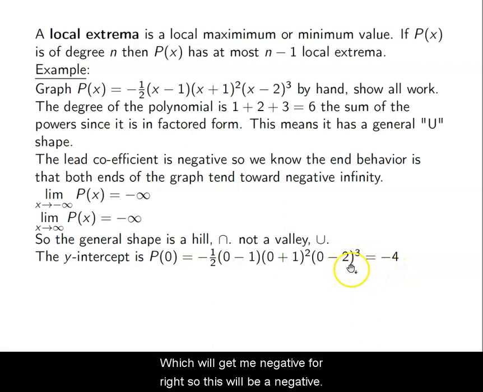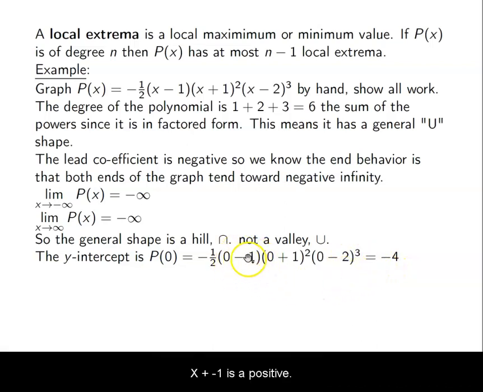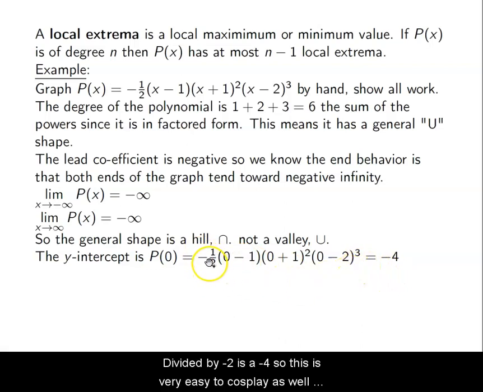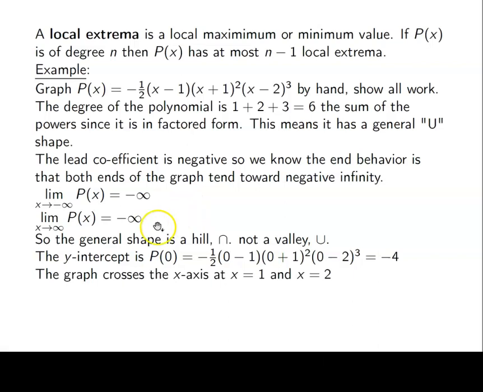So this will be a negative 8 times a negative 1 is a positive 8 divided by negative 2 is a negative 4. So this is very easy to calculate as well. So I have my y-intercept. I have my end behavior. I know that my graph crosses the x-axis at x equals 1 and x equals 2 because x equals 1, the 0 to this factor, has an odd multiplicity.